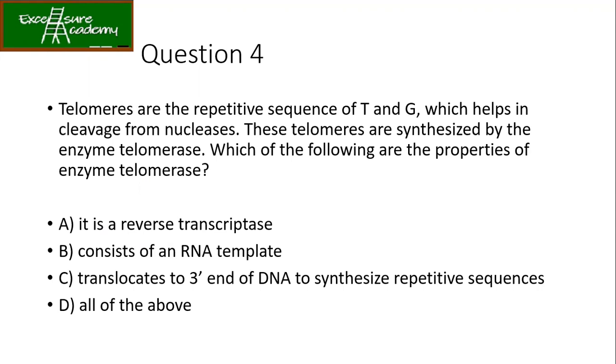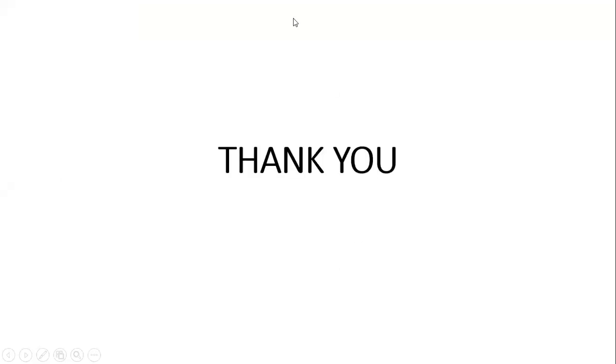D. Okay, one person said D. What about the others? E, ma'am. All of the above. So it is a reverse transcriptase. Yes, it consists of an RNA template. Yes, it translocates the 3' end of the DNA to synthesize the repeated sequence. Yes, correct. So the answer is all of the above. Good. Okay.